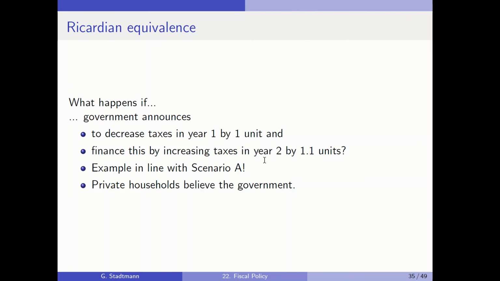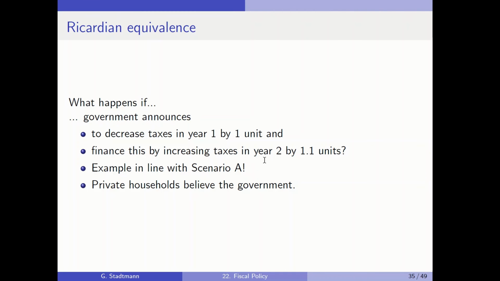Therefore, when a private household wants to smooth consumption, which implies that they want to consume the same amount or almost the same amount of goods over time, then it makes perfectly sense to save the 1 unit in taxes in year 1 to earn the real interest rate R on it so that the private household can pay the taxes in year 2.